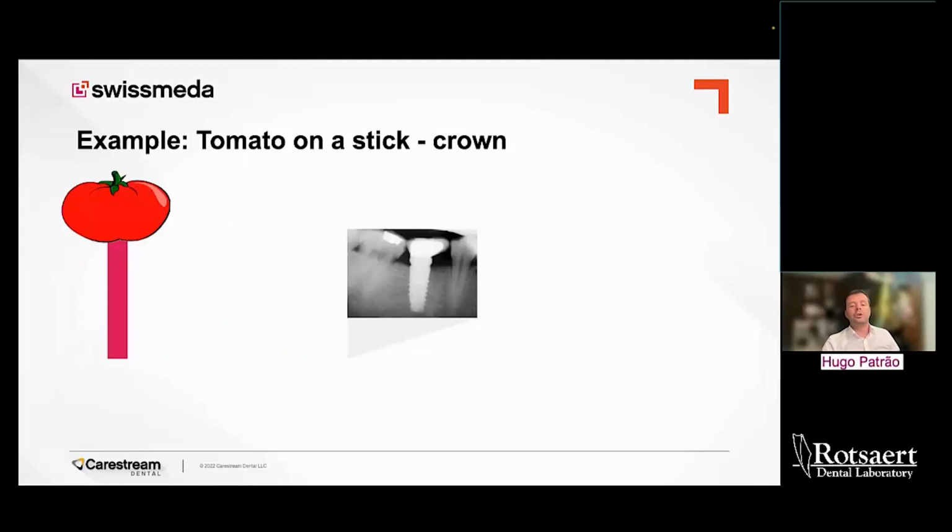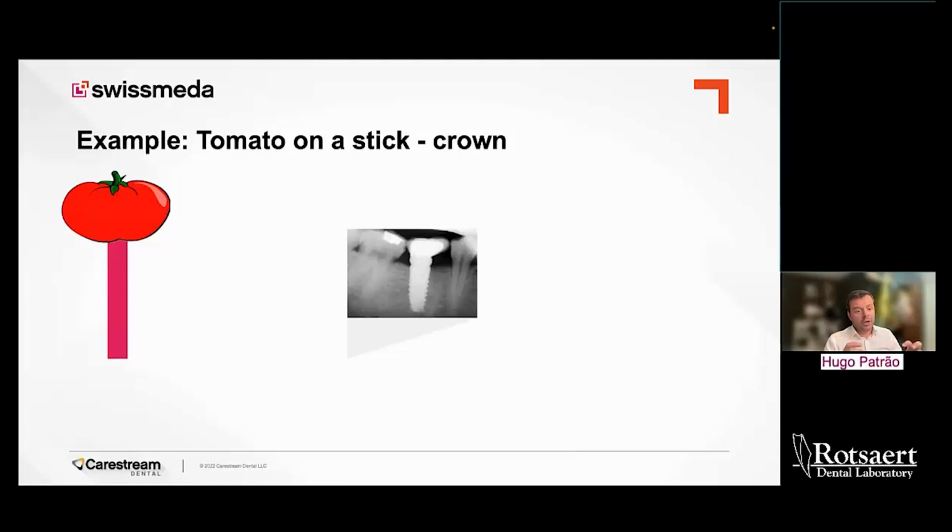And I can assure you that, even in cases probably not done by yourselves, you have seen a lot of posteriors where the crown is so shallow and difficult to clean, with food pockets underneath, and you ask why this happened. Well, simply, once the implant is placed so shallow, you have a limitation of space for your crown. You cannot go higher than occlusion, and you cannot go below the prosthetic elements, abutments, and so on.